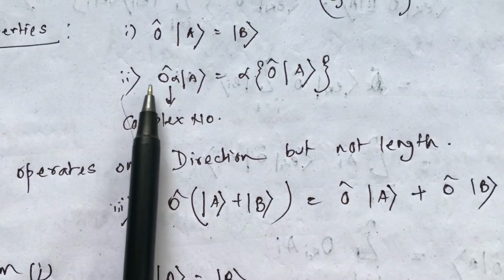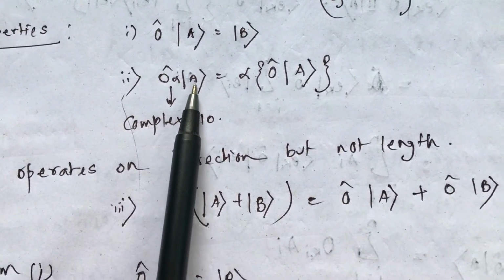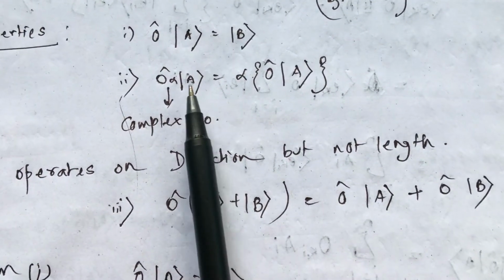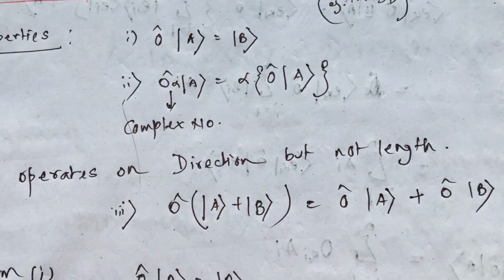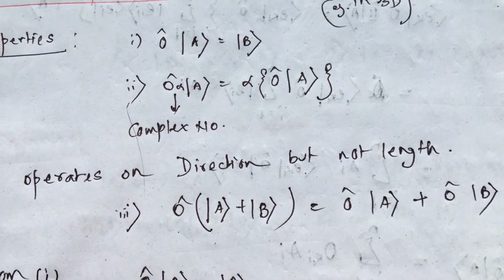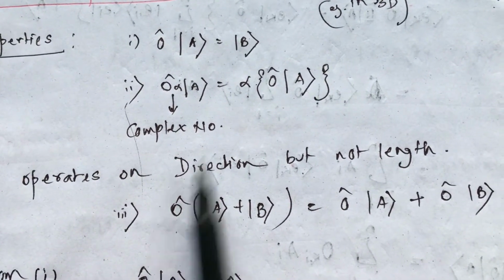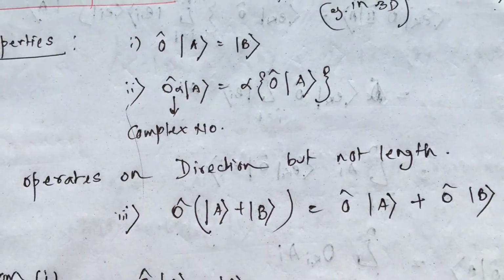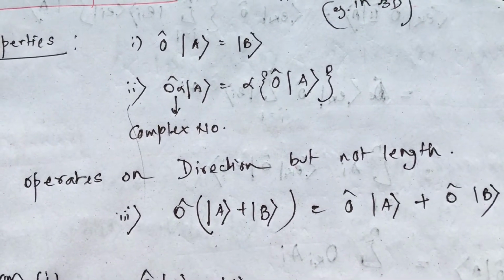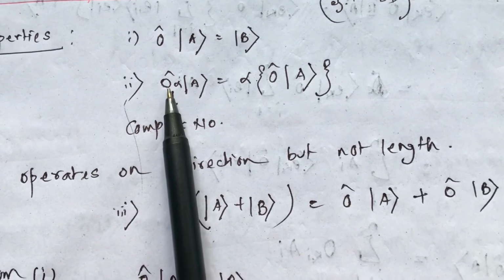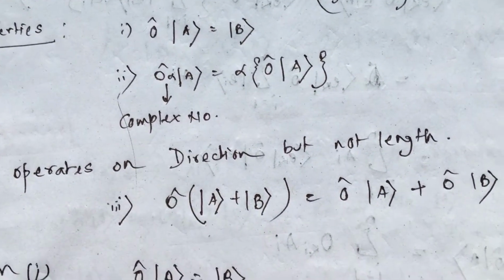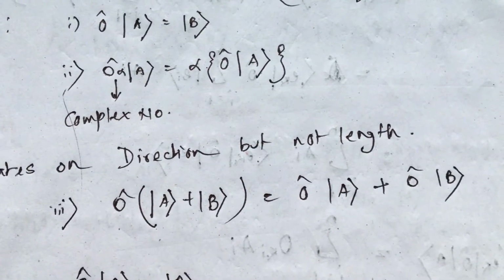Property 2: suppose A is a vector, alpha A is also a vector. Because multiplying a vector with a number does not change the vector. It only alters its length but not the direction. So the vector is still A. So vector A and vector alpha A are basically the same. So when we are applying the operator from the left side on alpha A, things will remain the same.